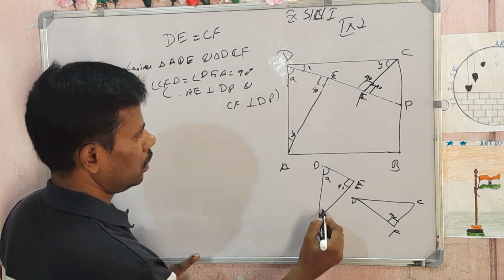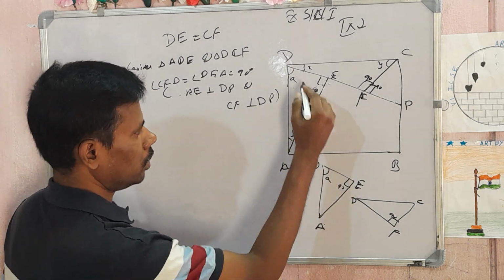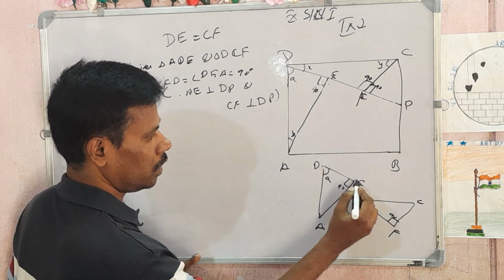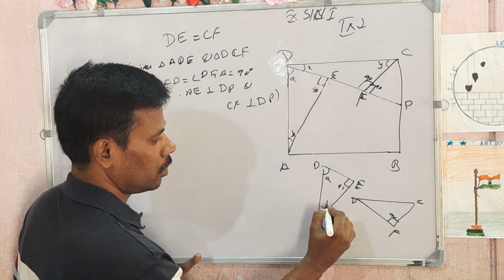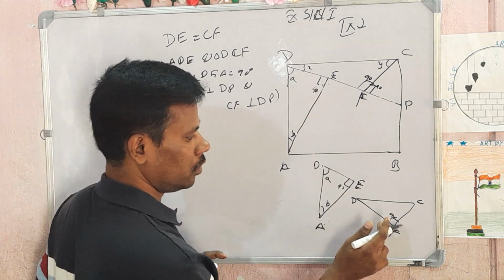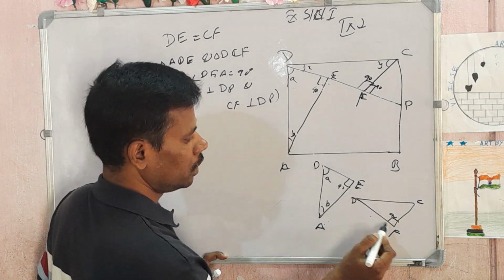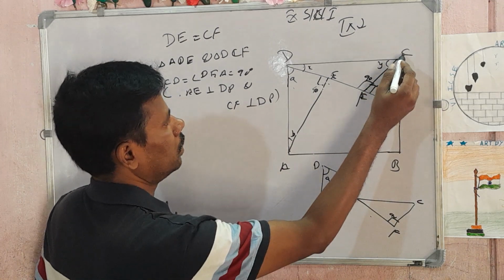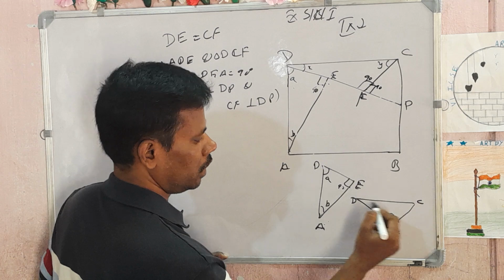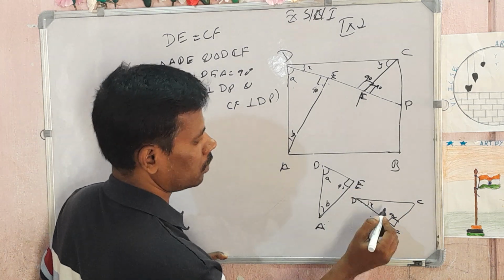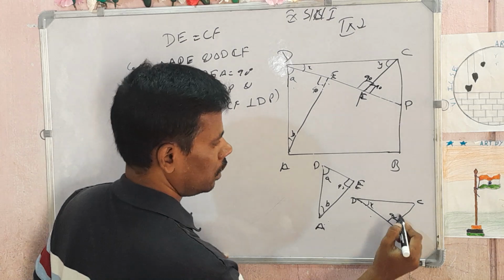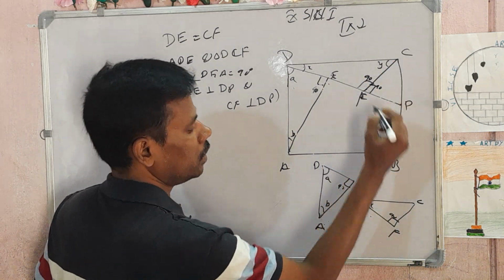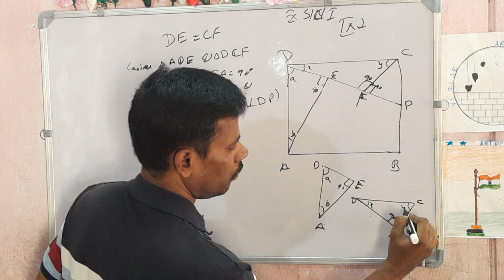Next angle, this is DEA or DAE, DAE is B, correct? Look at this sub diagram carefully. This angle is 90. CDF, this angle is X. Next, DFC is over. DCF is Y.